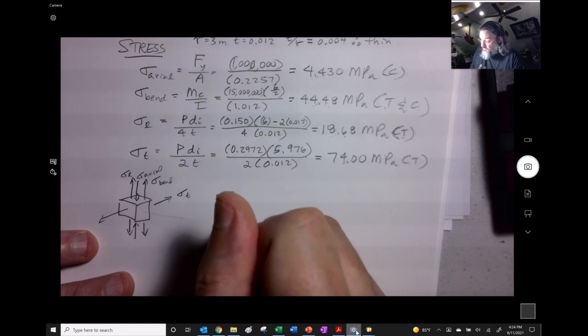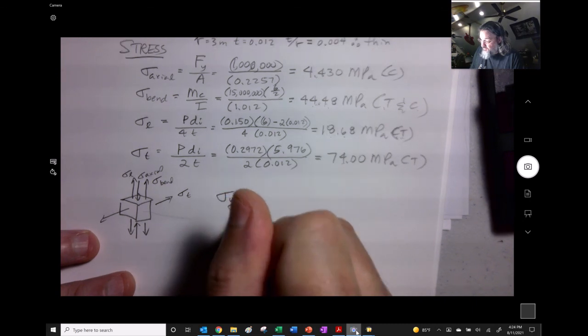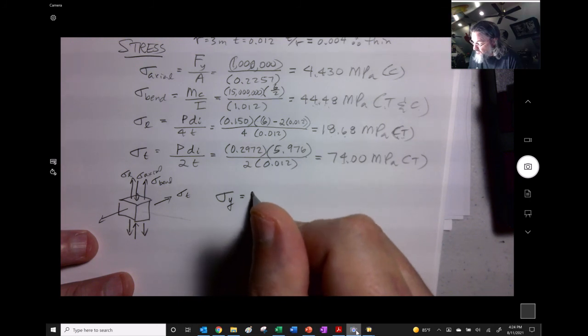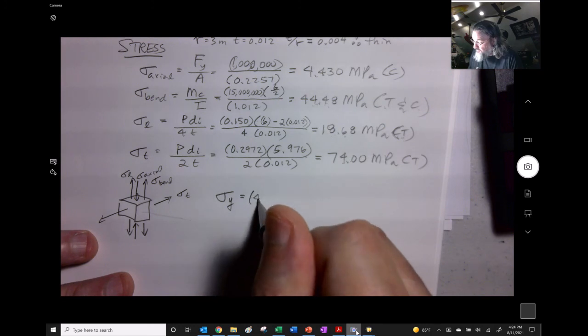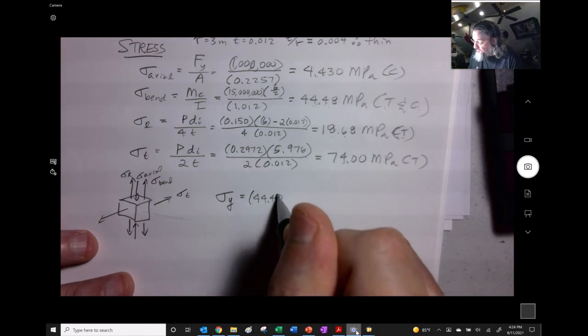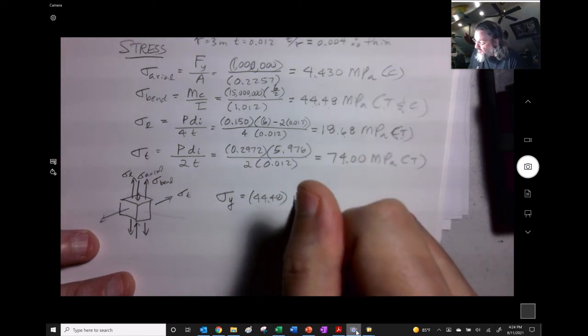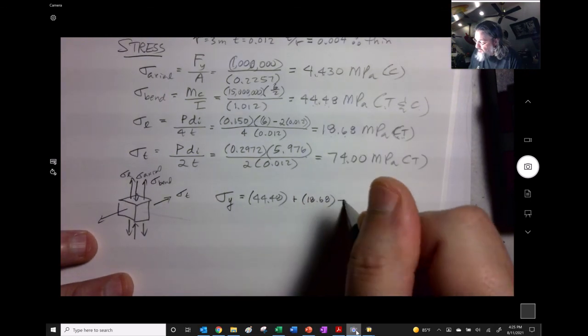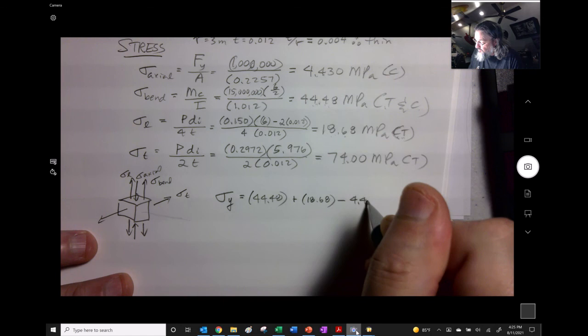So the sigma y is going to be, what is sigma y? Sigma y is going to be 44.48 plus 18.68 minus 4.430.